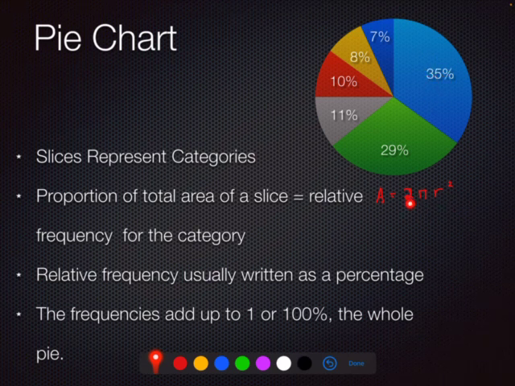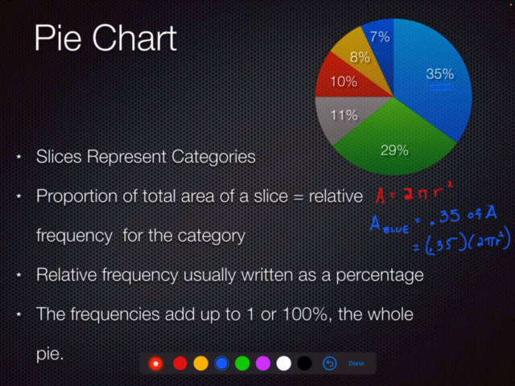If I knew what the total area was, because I'm drawing my circle and I can calculate the area, then since the light blue sector is 35%, its area would just be 0.35, or 35%, of the total area, or 0.35 times 2 pi r squared.